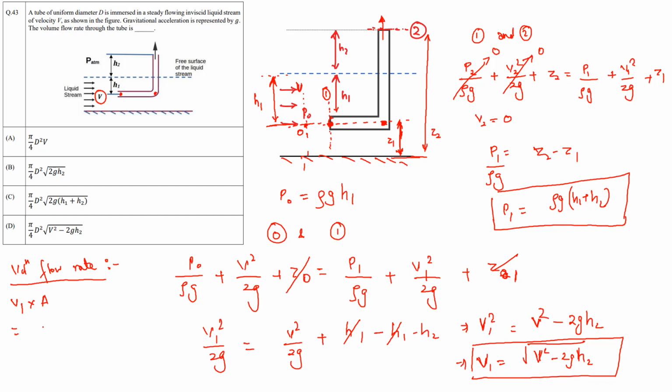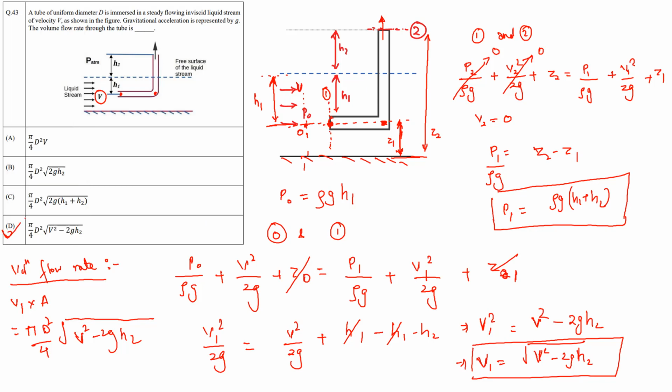Since it's a cylindrical tube of diameter d, the area is pi d square over 4, and V1 is the square root of V square minus 2g H2. So from here you can calculate this, and then I guess option D is correct.